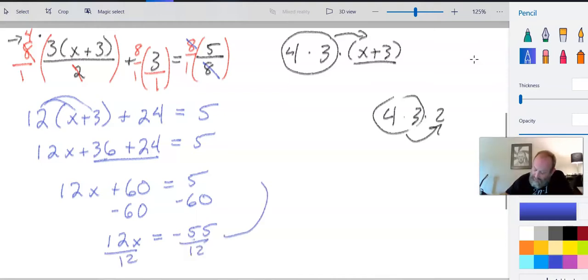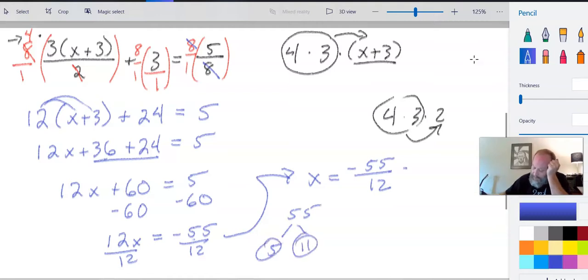And so I end up with x is equal to negative 55 over 12, and we do have to see if this thing reduces. If nothing jumps out at you, one way to check is to do a factor tree real quick. 55 is 5 times 11. Those are both prime.